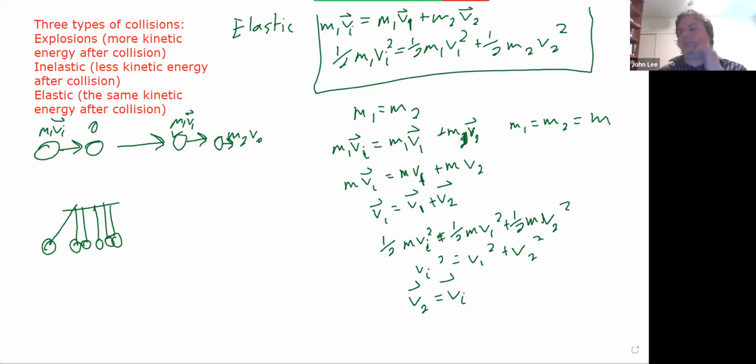It would lose all the values from earlier for the mass 1. It would lose all the energy and all the momentum. So those are our 3 types of collisions.